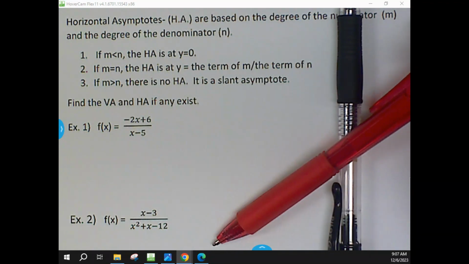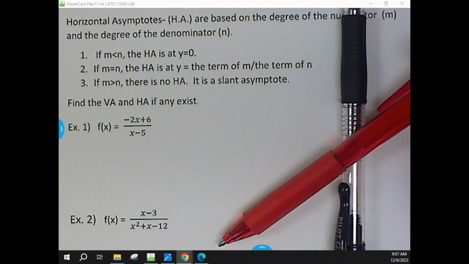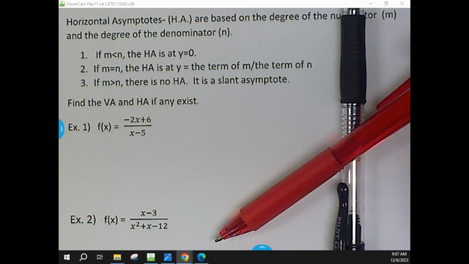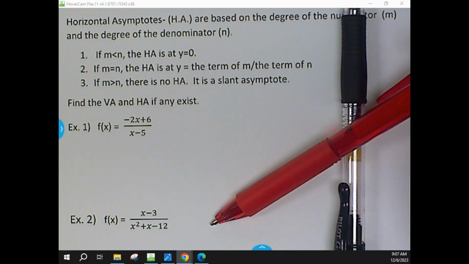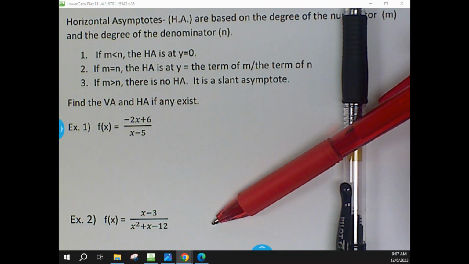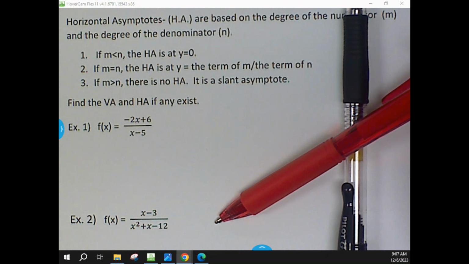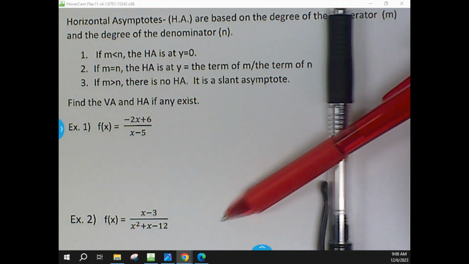To find that one, which we're not going to do, you have to do synthetic division. We'll worry about that another day, and you'll get to that more next year, because that's where synthetic division would tie in.